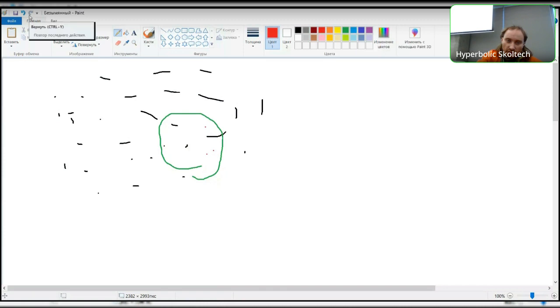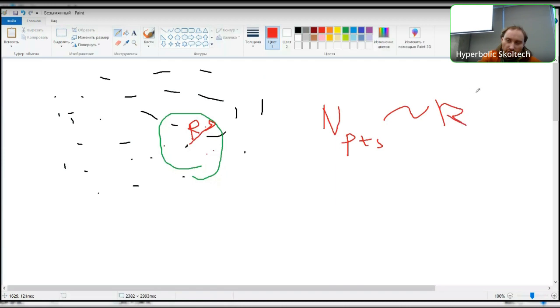So how many points are there? If you have a ball of radius r, your geometry is probably Euclidean if the number of points is proportional to some power of the radius.